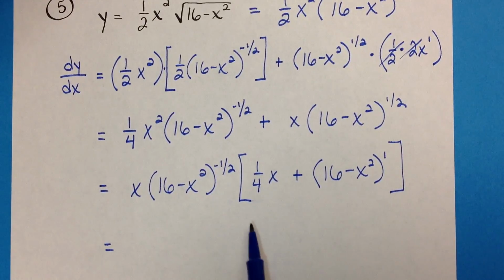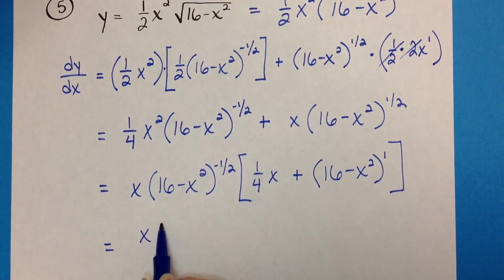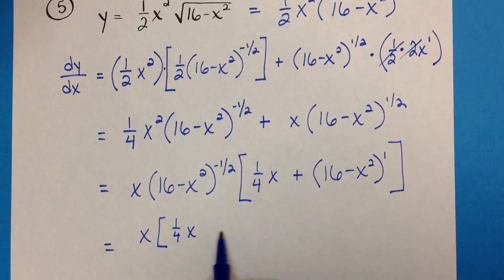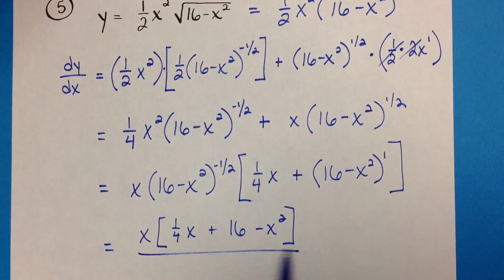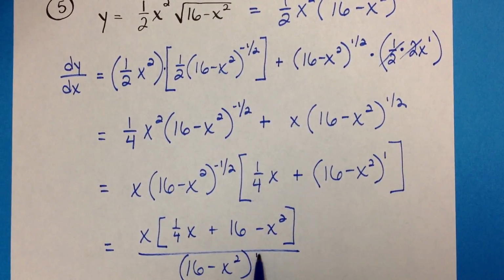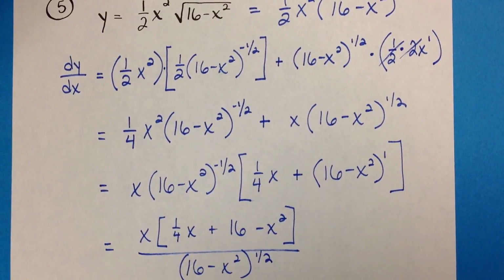So what I'm going to have on the top, I'm going to have the x times, and I've got the 1/4 x plus the 16 minus x squared. I'm going to go ahead and drop the parentheses there. And that's all over 16 minus x squared, of course now, which is to the positive 1/2 power.